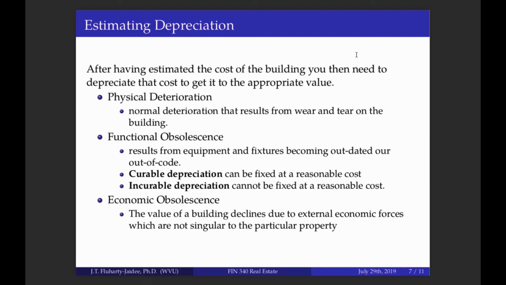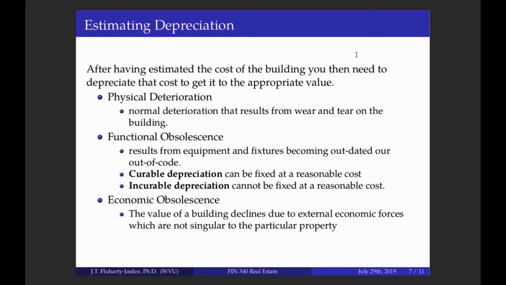Okay? Economic obsolescence is the last one, and that is where some external economic force has made the building's value depreciate significantly. So you may be in an area that no longer has a job center. So a factory was originally in the town and then that factory closed, or a university was in the town and it has suffered a loss of students and so professors are no longer employed.